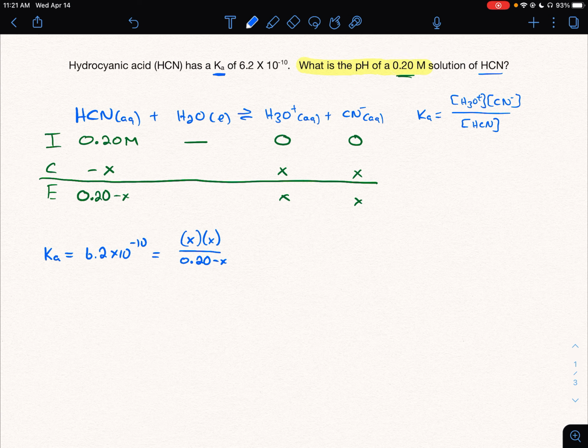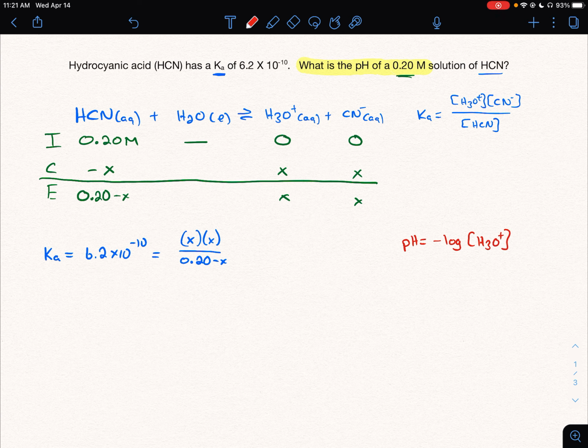So how are we going to go about getting the pH? The key here is that pH is equal to the negative log of the concentration of H3O plus.